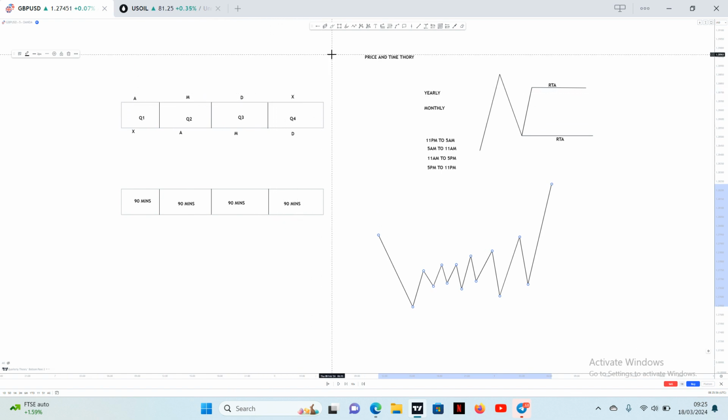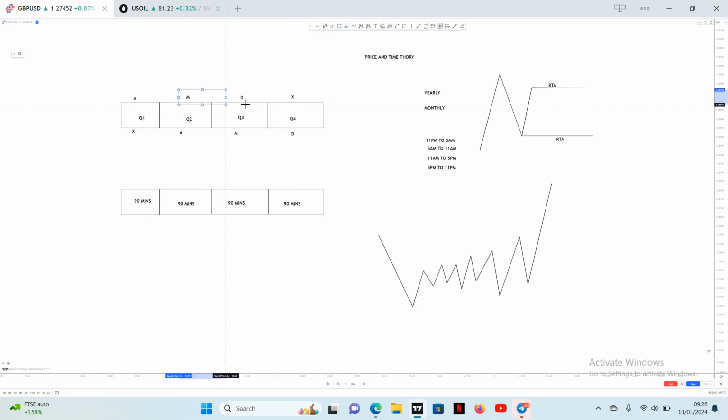And this is where it gets very interesting. With BFR, we are more likely interested in the manipulation and distribution quarters, which are quarter two and quarter three, or quarter three and quarter four.